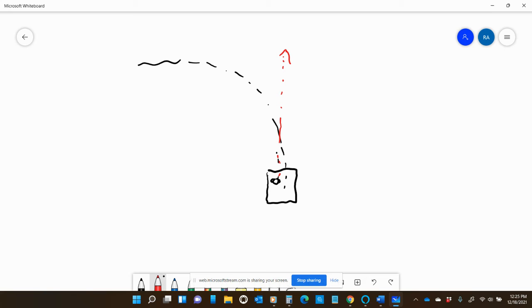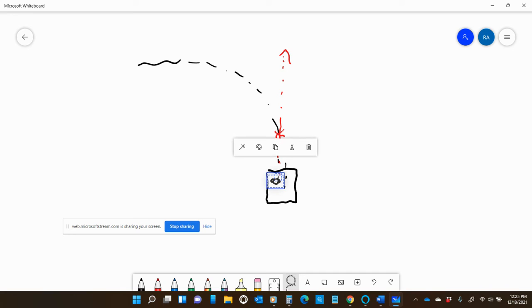But because there's a car surrounding you, when you're at this point up here, okay, that's where you are. I'm going to copy that image because I don't want to draw it again. Paste it. There it is.